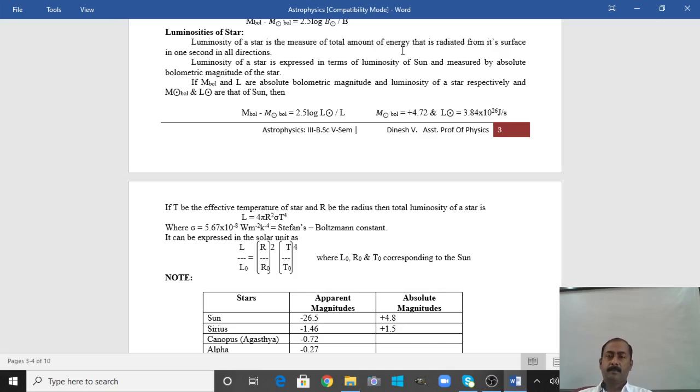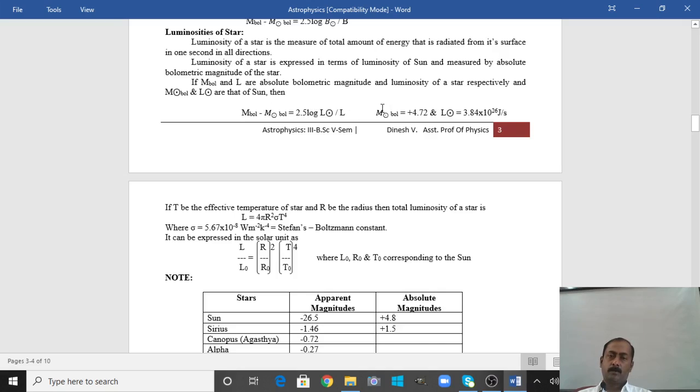If M bolometric and L are the absolute bolometric magnitude and luminosity of the star respectively, and M bolometric sun and L sun, the circle indicating the sun, are those of the sun, then M bolometric minus M bolometric of the sun is equal to 2.5 log of the luminosity of the sun to the luminosity of the star.